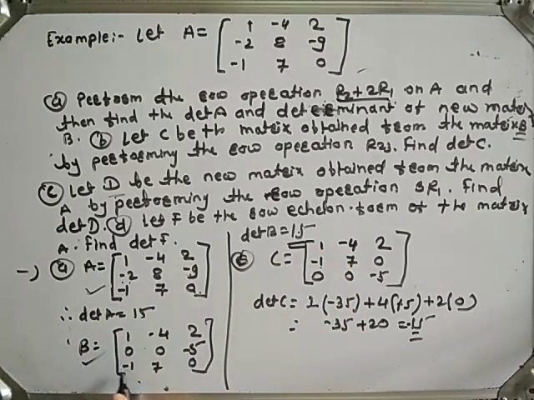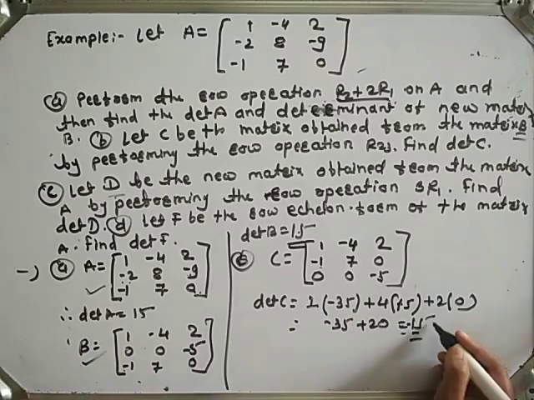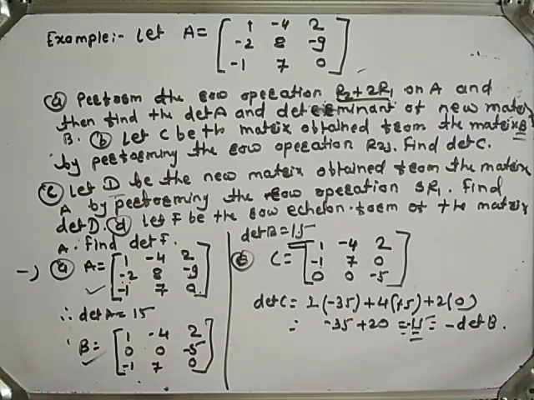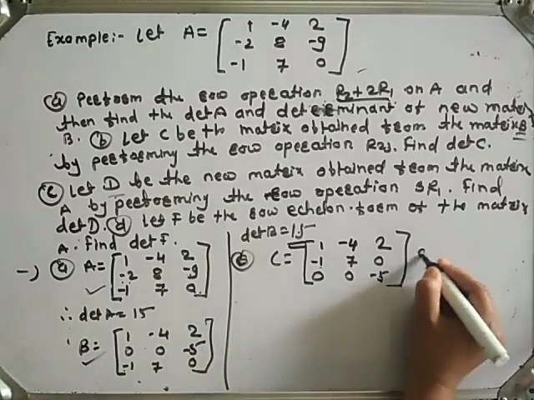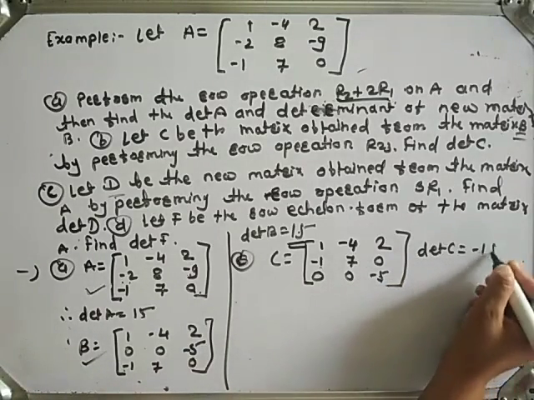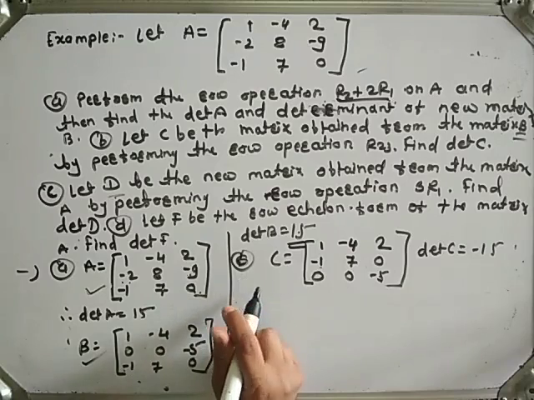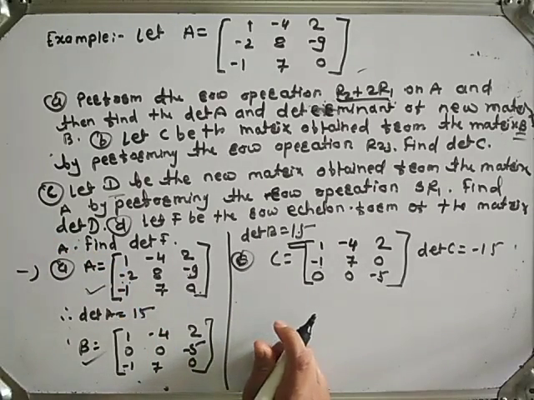And here we have changed third row and second row, then we get determinant equal to minus 50, which is equal to minus determinant of B. So we will get determinant of C equals minus 50. This is the solution of part B. Okay, now solve part C.